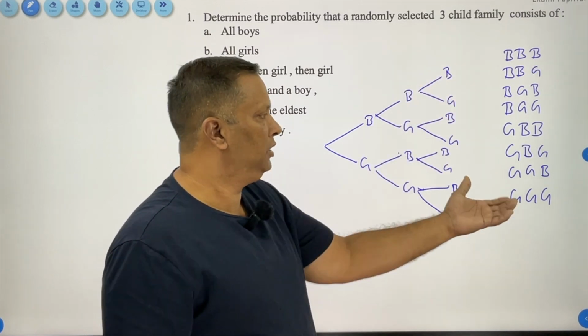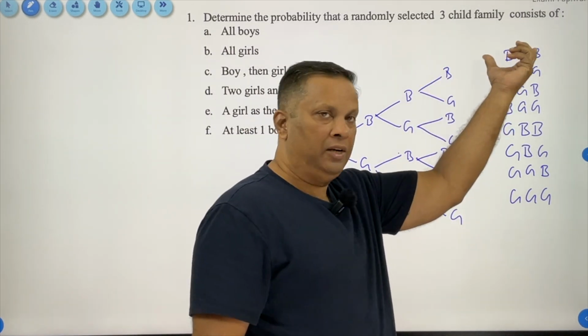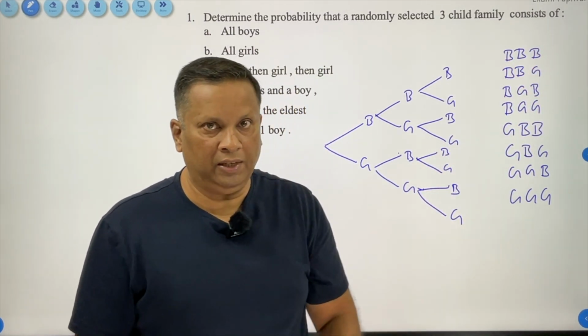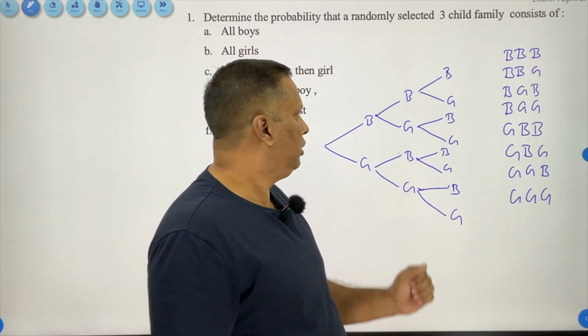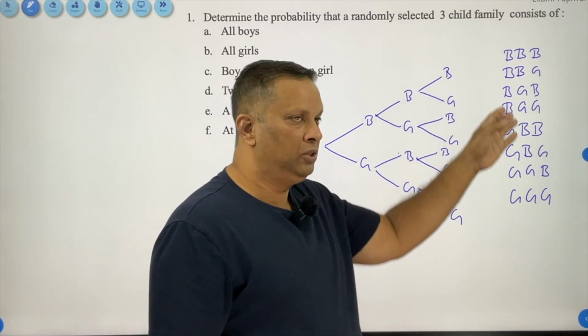This is the way things are possible. Now, if you don't draw the tree diagram, listing these 8 possibilities takes time and stress on your brain. So I always suggest whenever such things are there, draw a tree diagram. It's very easy to list all the possibilities.